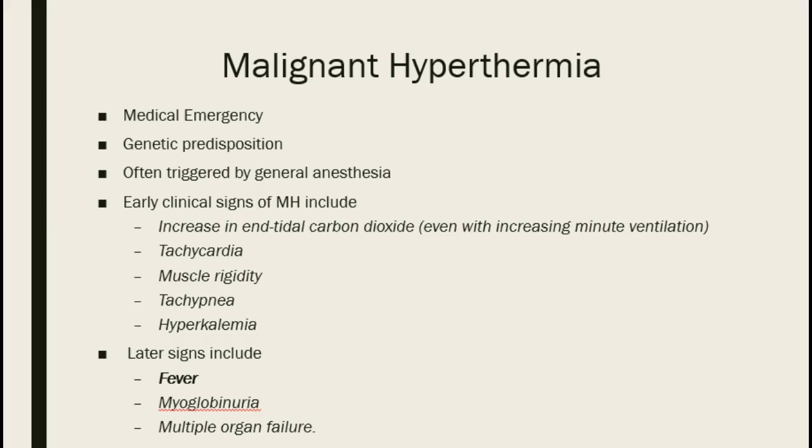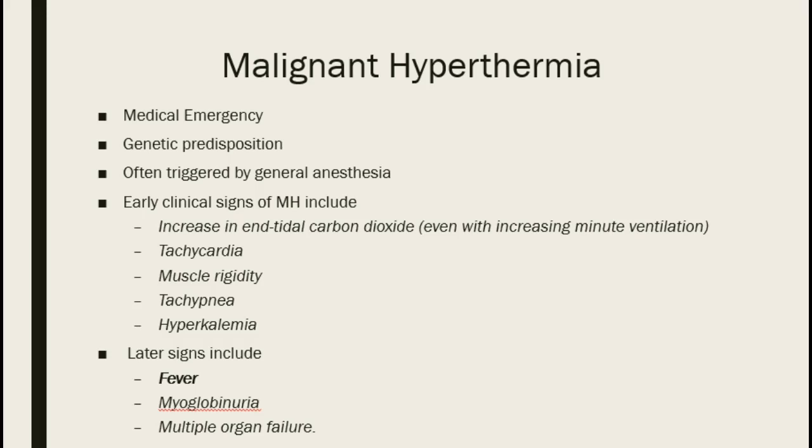Tachycardia is going to develop. They'll develop muscle rigidity, tachypnea, and hyperkalemia. Later signs include fever, myoglobinuria, and multiple organ failure. These individuals get the general anesthesia and then their body responds, and this is truly a life-threatening condition that develops.